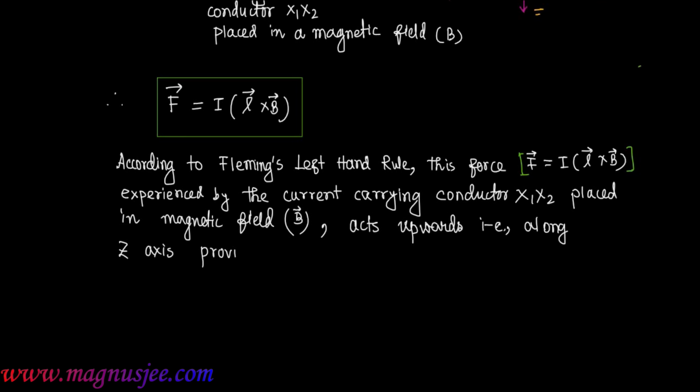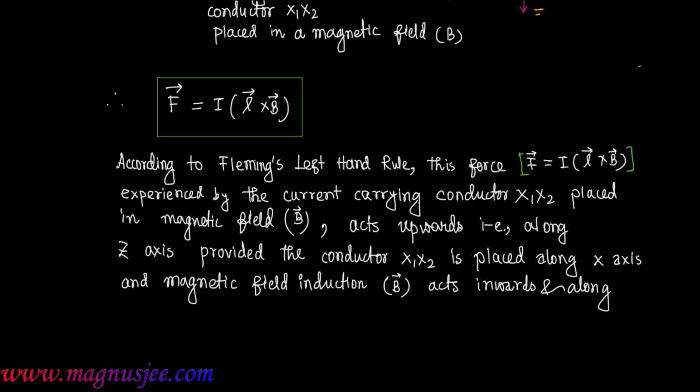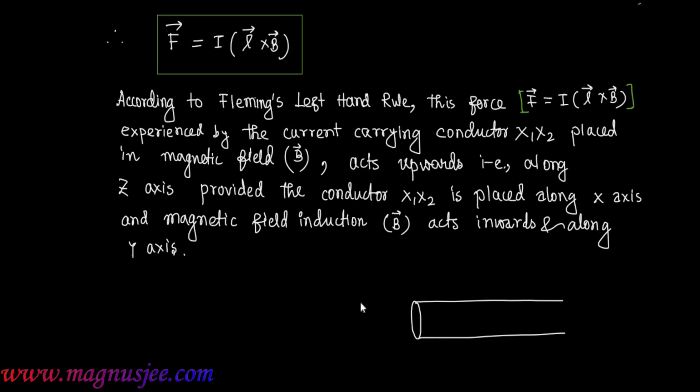This force acts upwards, that is along the z-axis, provided the conductor X1 X2 is placed along the x-axis and the magnetic field induction vector B acts inwards, that is along the positive y-axis.